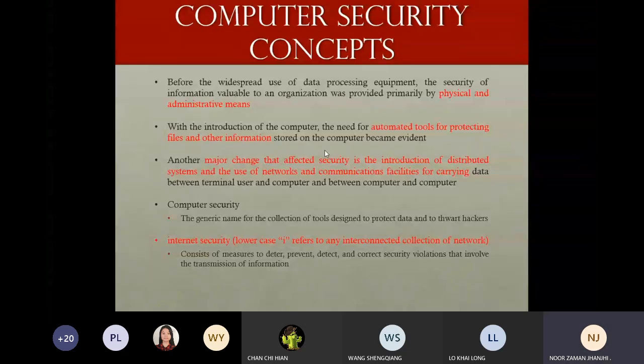From one computer to another, data can pass, communicate, and travel using the network. So now we need to make sure that our data, which was previously safe and secure on a machine, is also safe and secure while it is traveling on the network. And on top of that, when we move one more step ahead with distributed systems, like online systems, then we move to clouds, storage, and so many things.